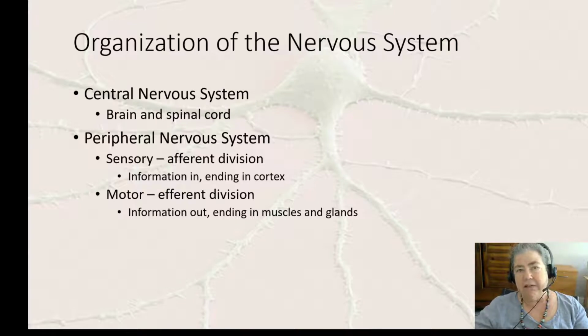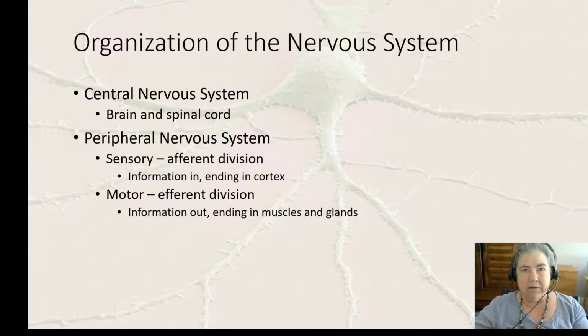Motor signals are generated in the central nervous system and terminate at muscles, skeletal muscles in the case of the voluntary skeletal muscle system, smooth muscle in the autonomic nervous system, and glands and cardiac muscle as well. So there is in the peripheral nervous system a sensory arm, which is afferent, signals in, and a motor arm, which is efferent, signals out.